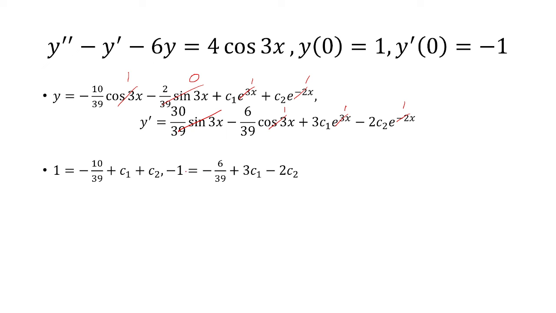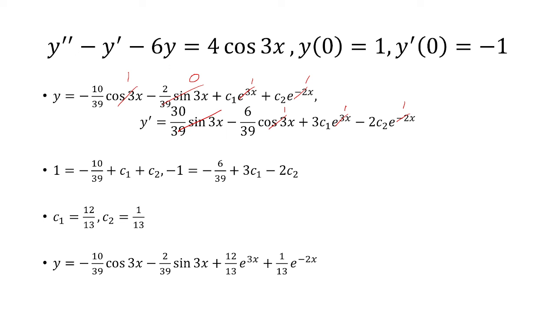So that becomes negative 1 equals negative 6 over 39 plus 3c1 minus 2c2. So again, you get another system of equations, two unknowns. And so we solve that and get c1 is 12 over 13 and c2 is 1 over 13.